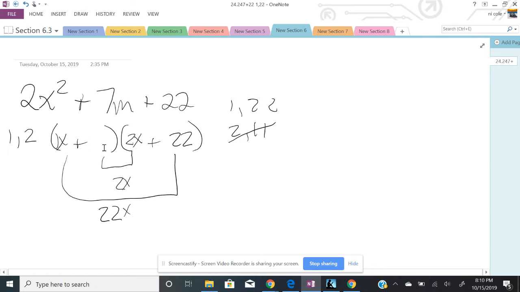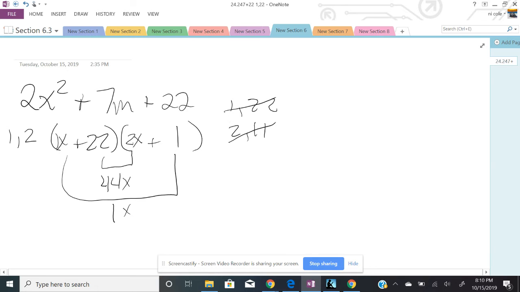I'm going to replace that 1 with a 22, and this with 1. So 22 times 2x gives me 44x, and 1 times x gives me 1x, and I sum that up, and that's 45.